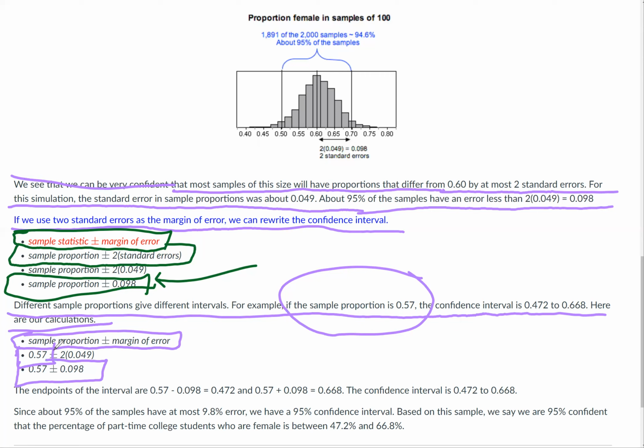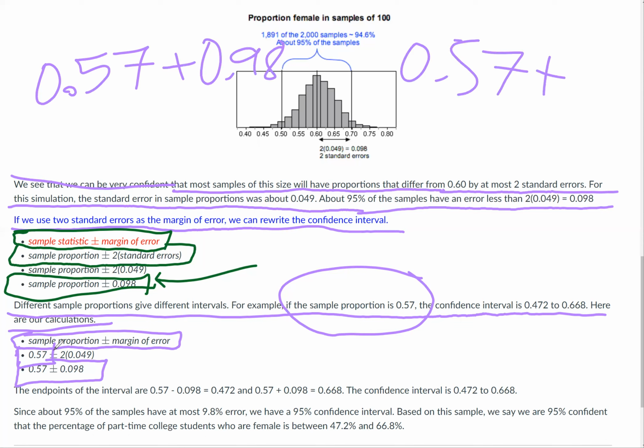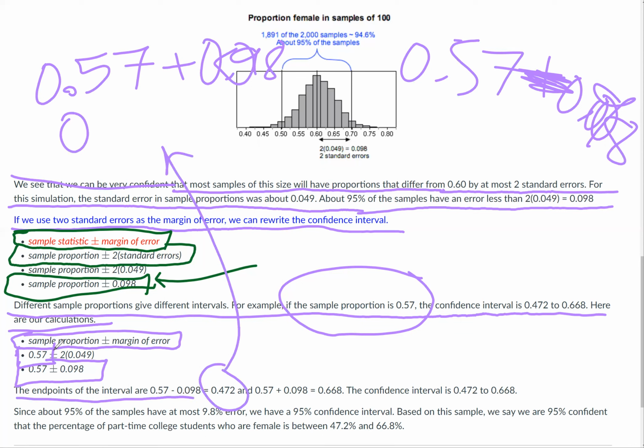So you can take 0.57 and add 0.098, and then also 0.57 minus 0.098.